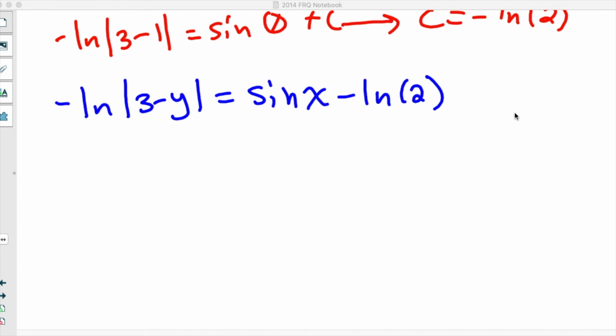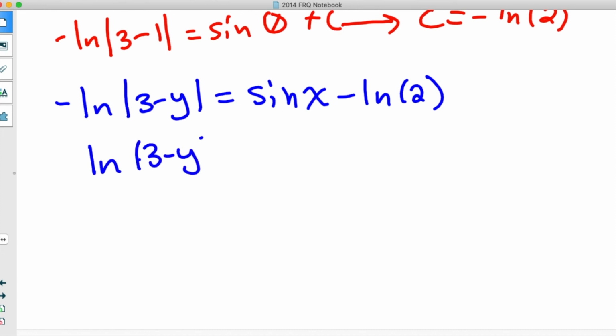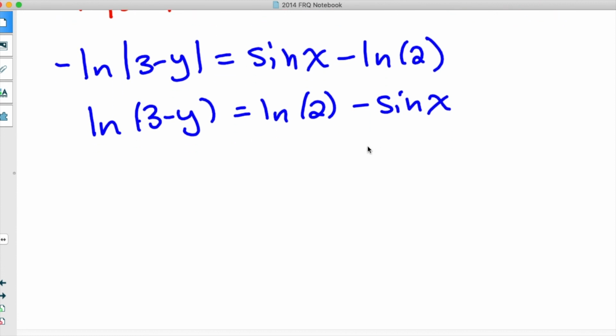So the first thing I'm going to do is multiply everything by negative 1. Again, you can do this in as many or as few steps as you like, but I'm going to show every step so you can see what's happening. Now I'm going to raise both sides, taking e to those powers, to get rid of that ln.